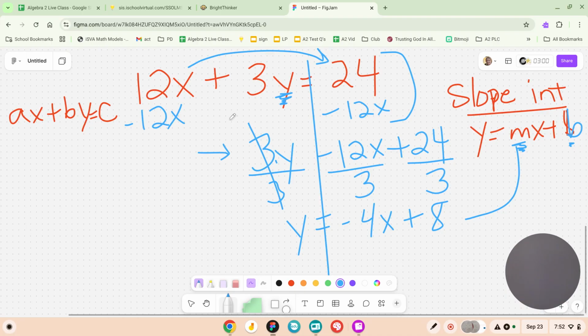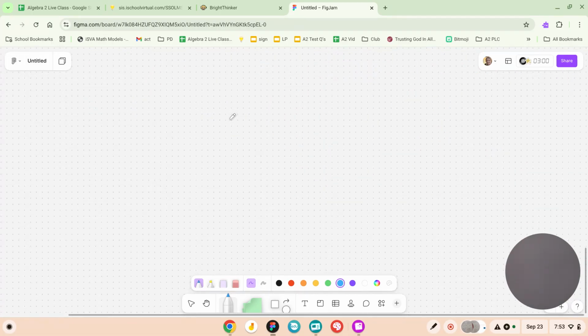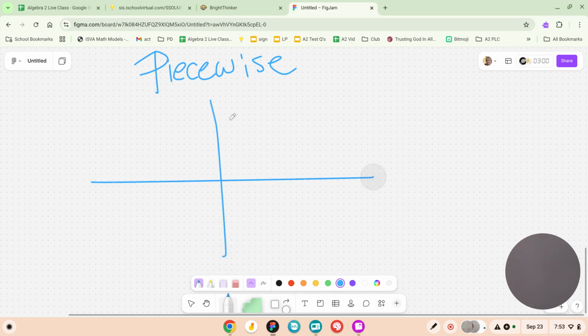Then you move on into what we called piecewise functions, and I have a whole video on each of these things. Piecewise functions are where you have pieces of a graph that you are looking at over different ranges. So, for instance, I have a graph that looks like this.